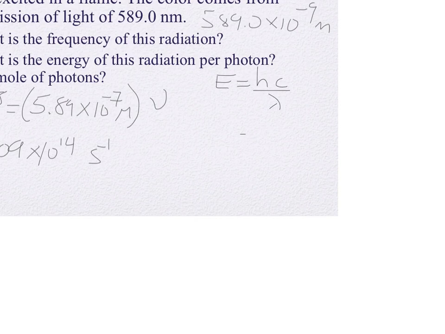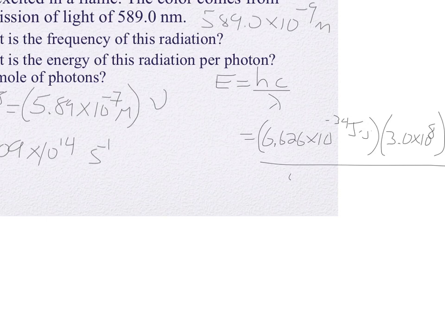Planck's constant is 6.626 times 10 to the negative 34th joule seconds. The speed of light is 3.0 times 10 to the 8th meters per second. And my wavelength is 5.89 times 10 to the negative 7th meters.